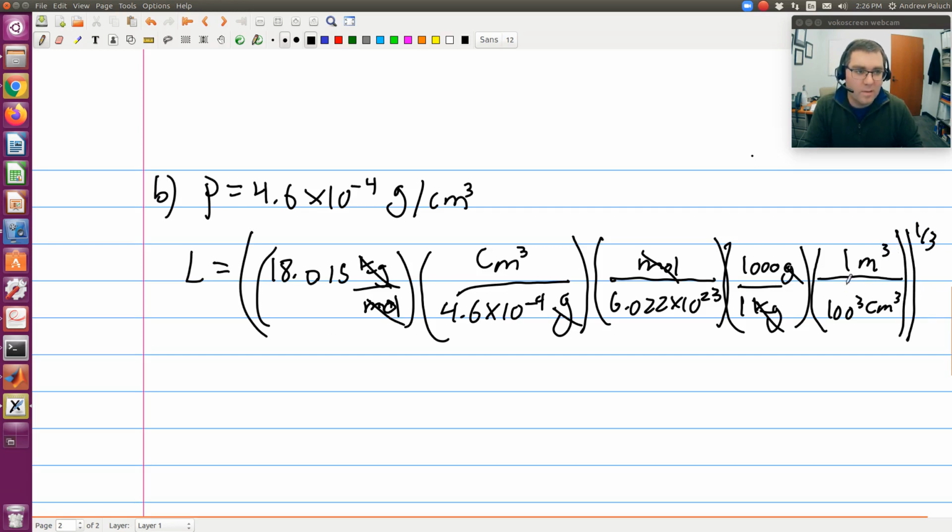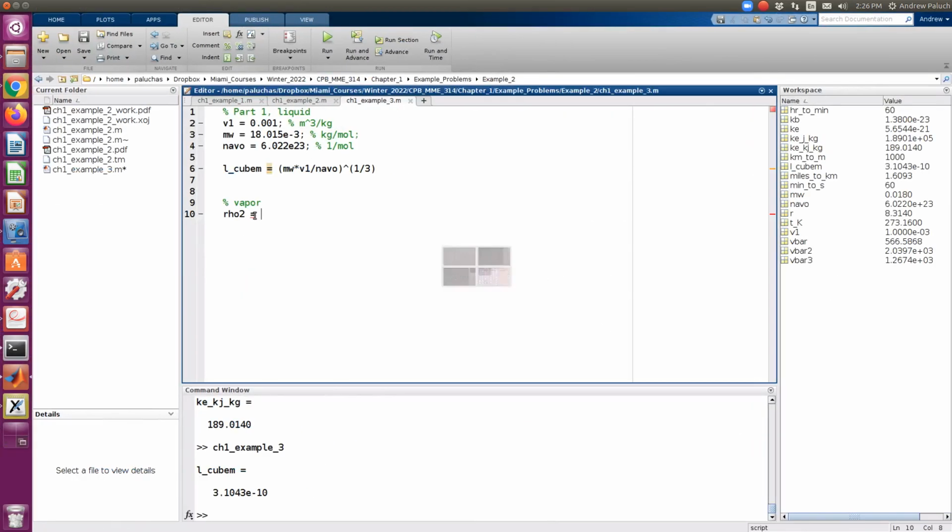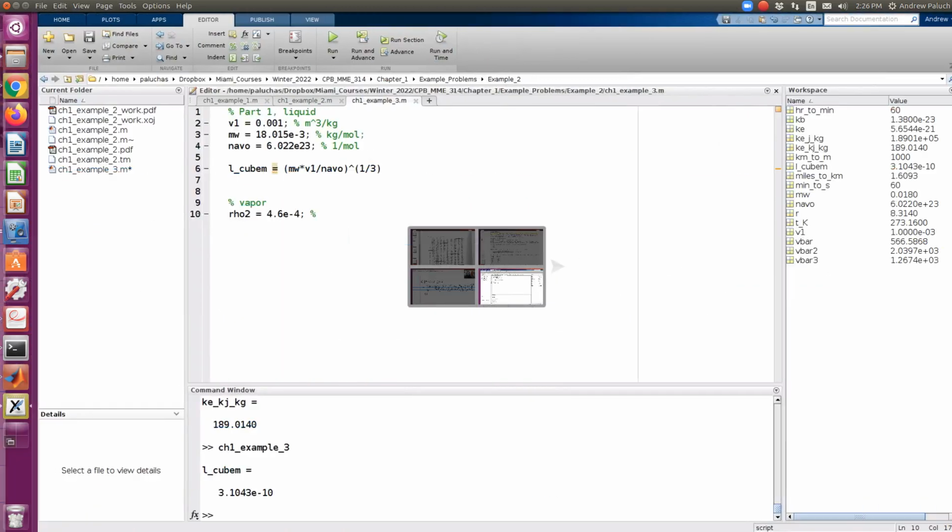This is just like in the very first example. I know 100 centimeters is equal to 1 meter, so 100 cubed centimeters cubed is equal to 1 cubed meter cubed, where 1 cubed is just 1. To get this in terms of meters again, for vapor we have density row 2, 4.6 e to the negative 4 grams per centimeter cubed.